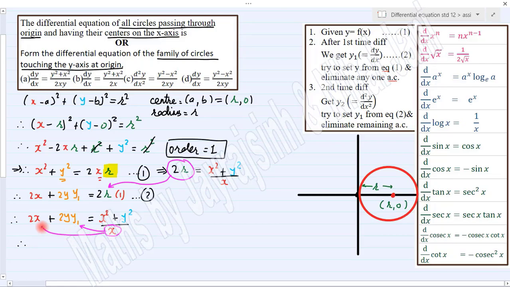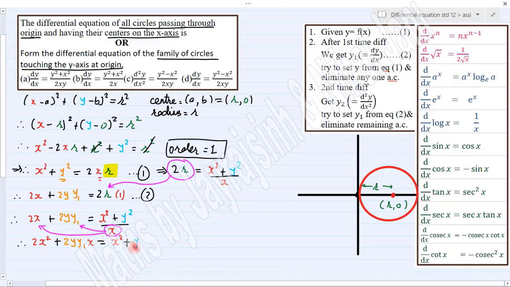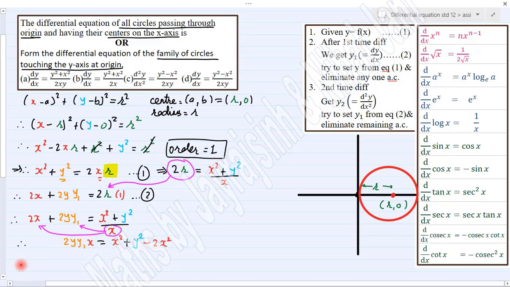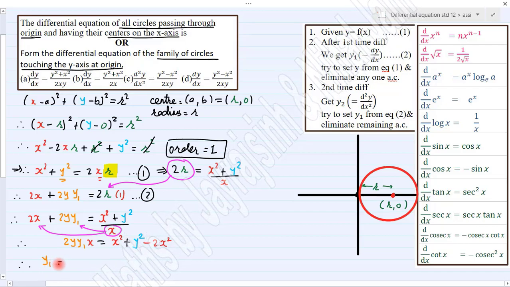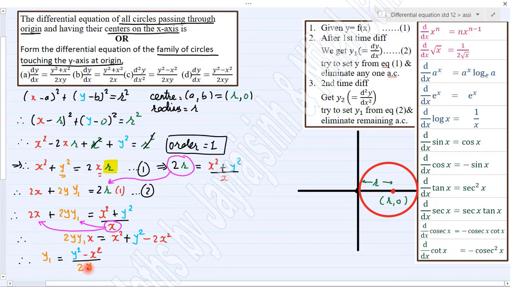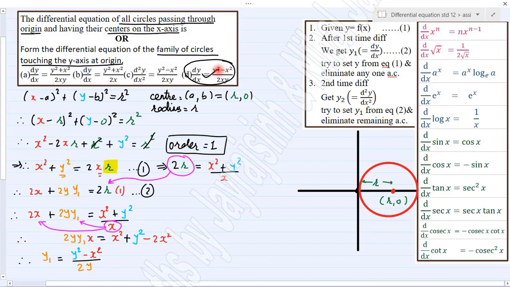So 2x multiplied with x will give us 2x square, and 2x multiplied with 2y1 will give us 2y1 into x is equal to x square plus y square. Now if we move this 2x square on the right hand side, we will get minus 2x square. So finally we will get y1 is equal to y square minus x square upon 2y, which is your required differential equation given in option D.